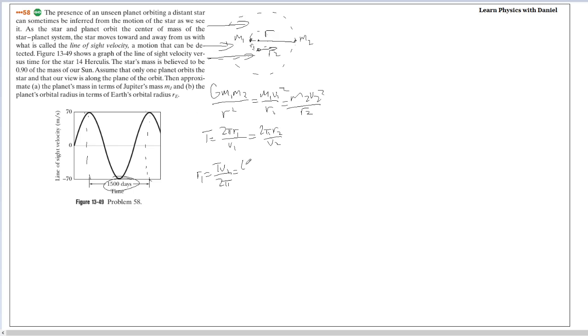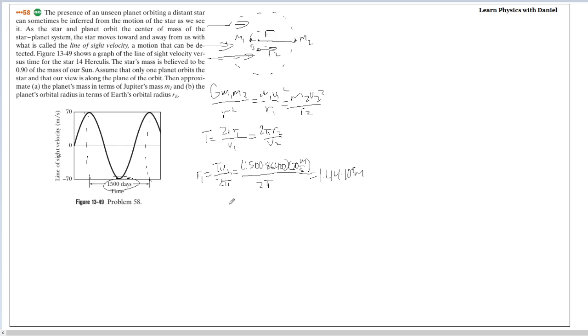So we get that this equals 1500 days times 86,400 seconds per day times 70 meters per second all over 2 pi, which gives you that the radius of the star's orbit is 1.44 times 10 to the 9 meters.